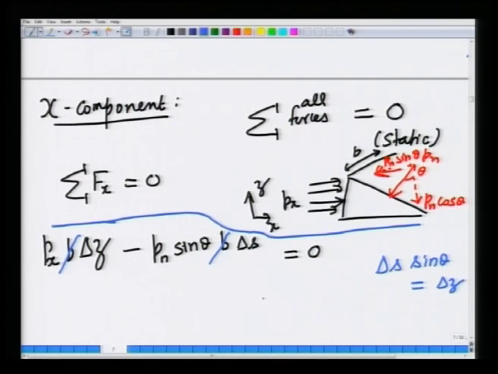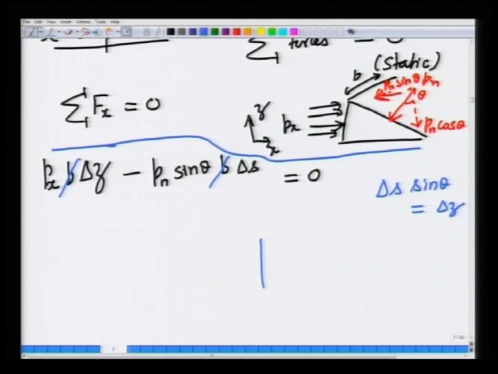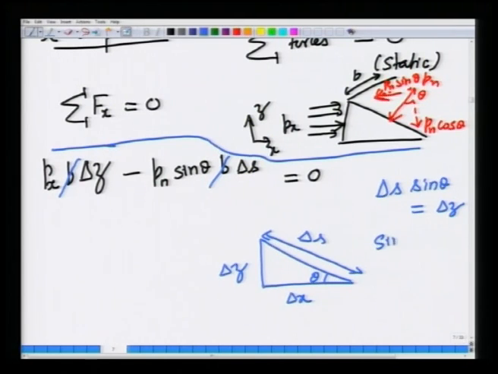Remember that this is theta, this is delta z, this is delta x, this is delta s. So, sin theta is delta z by delta s, therefore, delta s sin theta is delta z.